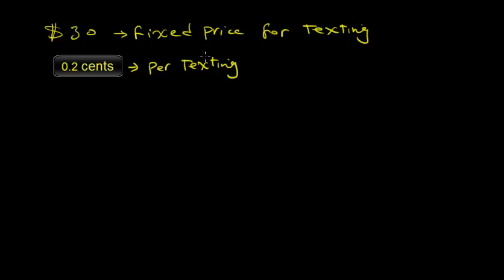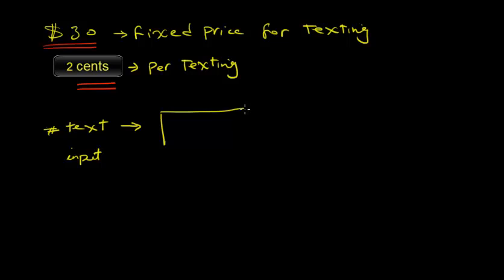Now, let's write a function for the total cost for your bill only for texting. So there are two components here. We have a monthly charge for texting that is fixed, and 2 cents per text. So we have a number of texts that we send every month. Then that is our input.